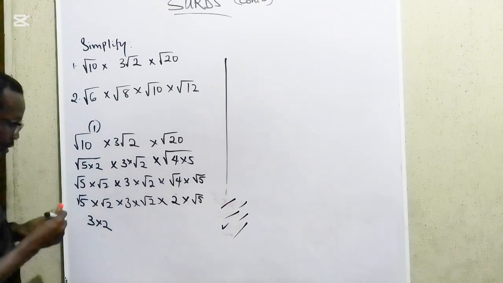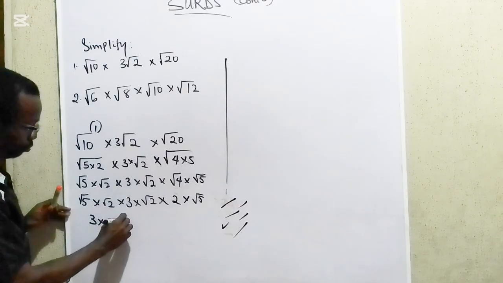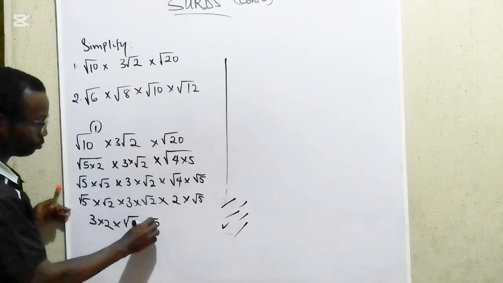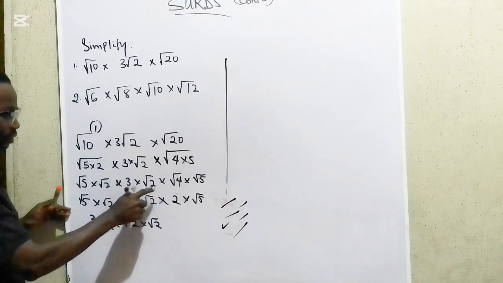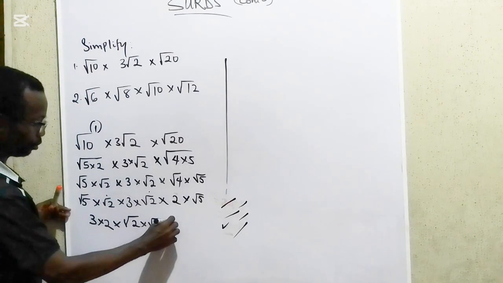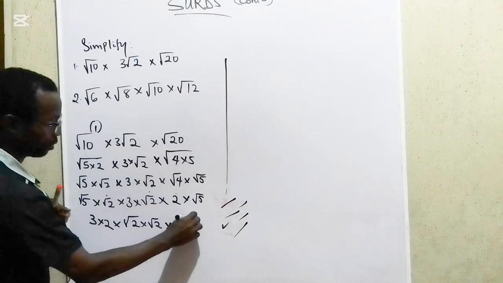Then the next, square root 2 times this square root of 2. So this and this are done. Then this one and this one, the square root of 5 times the square root of this 5.